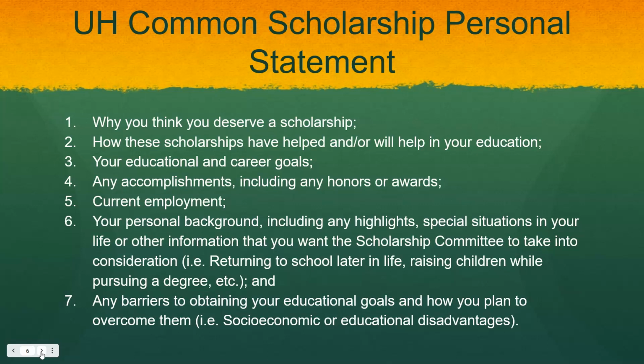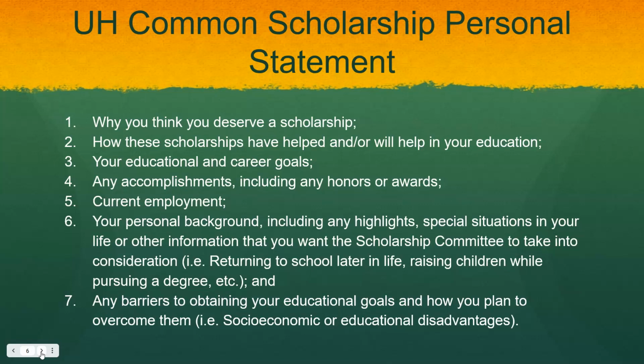And also number 4, I'm sure everyone in this class has some kind of accomplishment that they can write about. And that does not have to be limited to the academic realm or to the school realm. If you are currently employed, you might want to talk about that, or maybe past employment. And then we did talk a little bit about personal background in the previous slide.